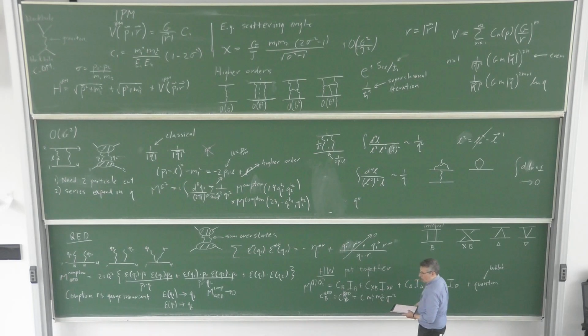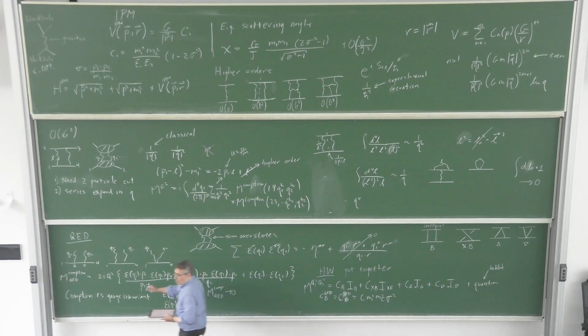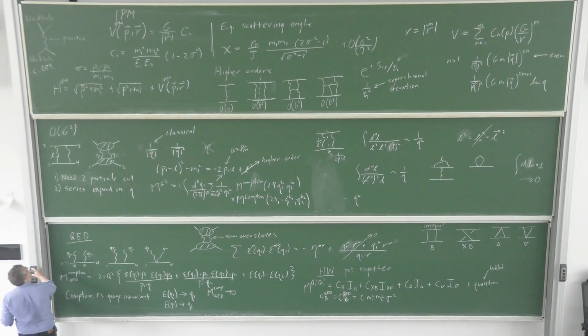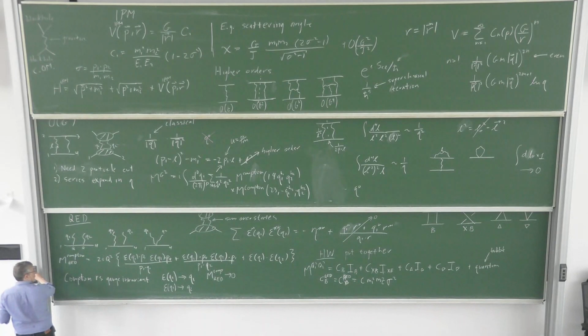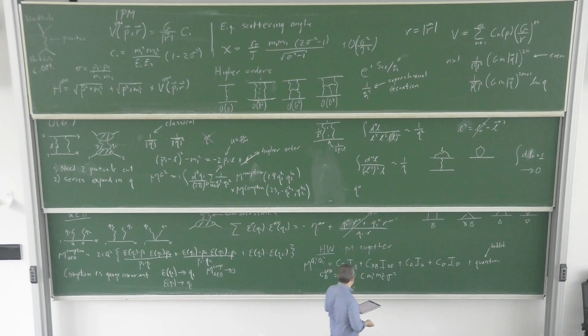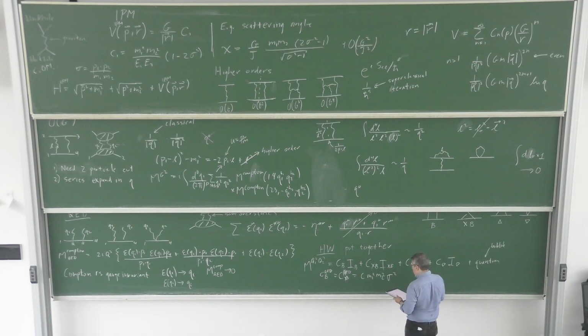Where C is equal to minus a half, 4 q1 q2. Of course, there's squares.